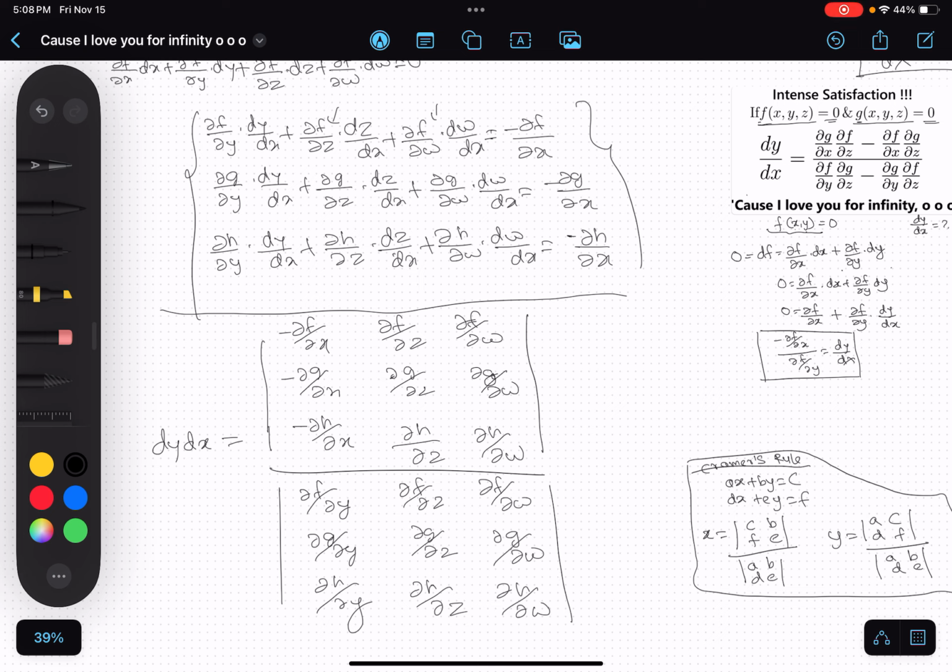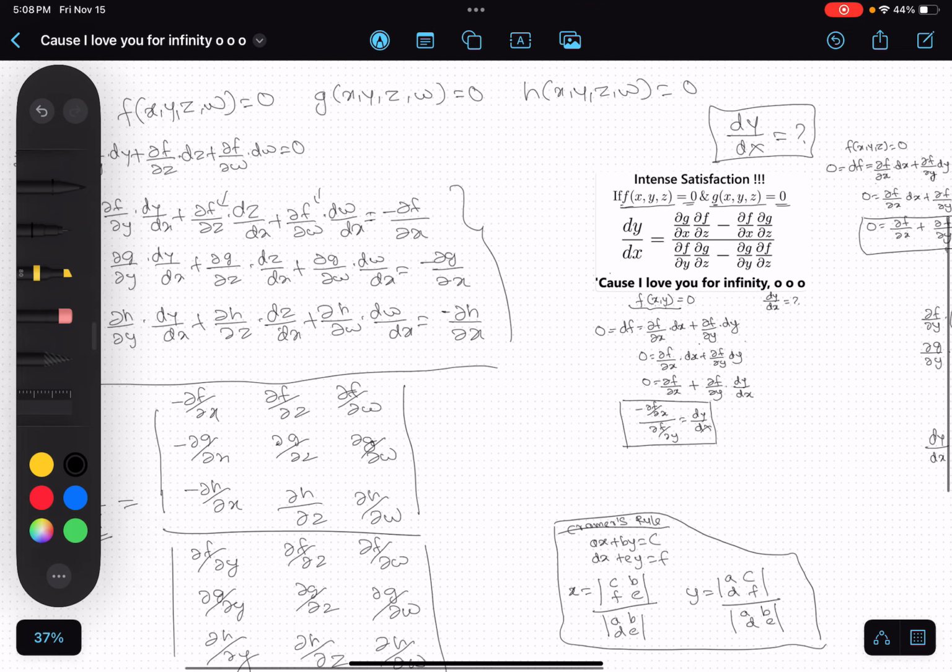So this is the dy by dx in the case of 4 variables.